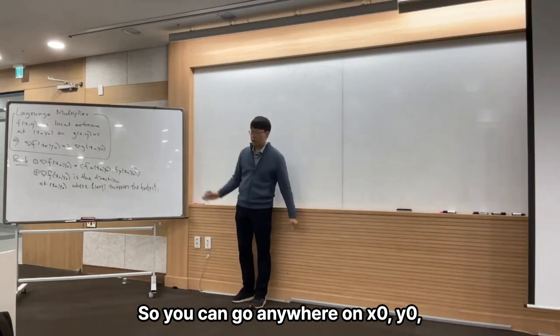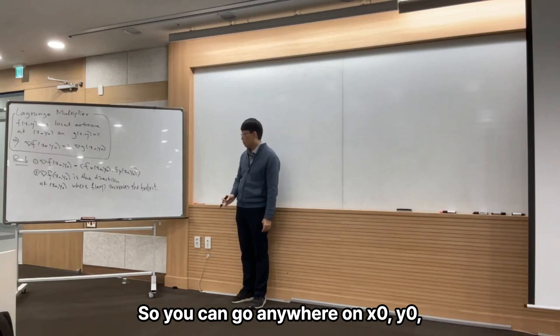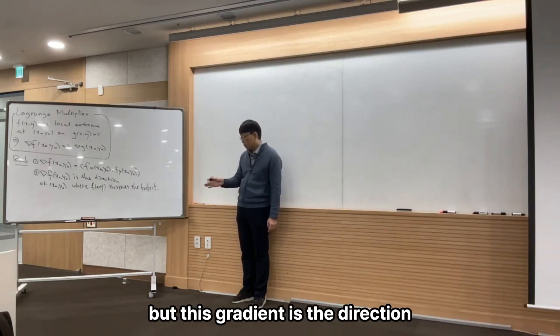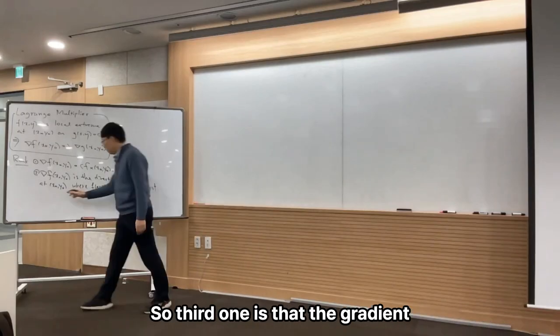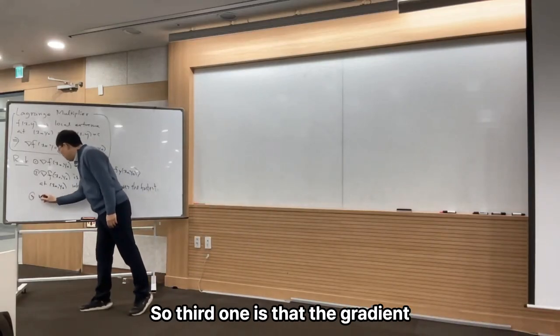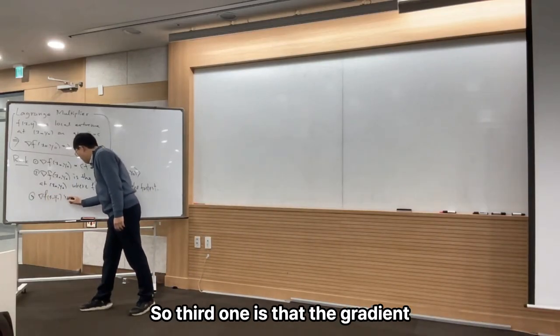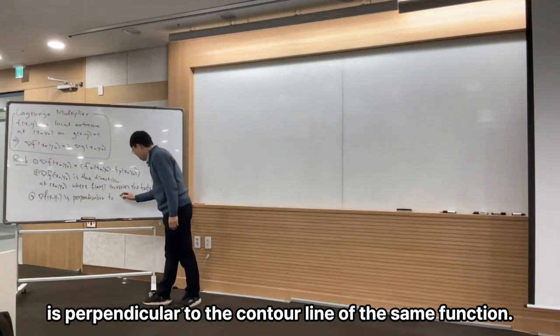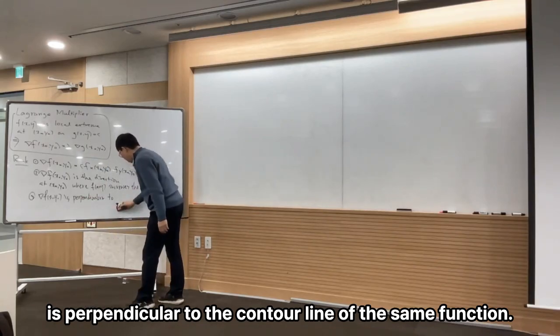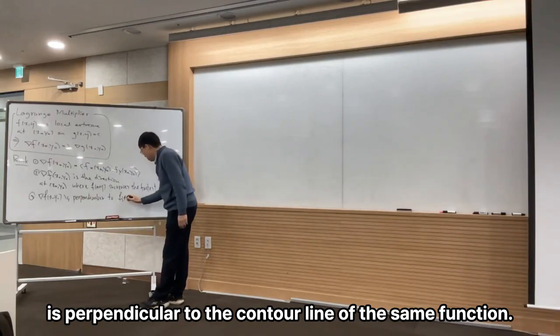You can go anywhere from (x0, y0), but the gradient is the direction in which you can increase the value of the function the fastest way. The third one is that the gradient is perpendicular to the contour line of the same function.